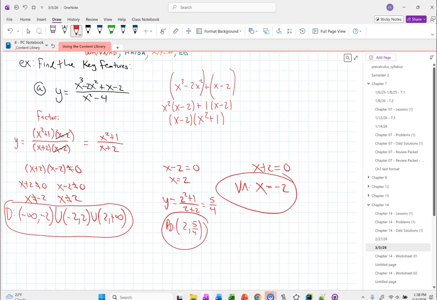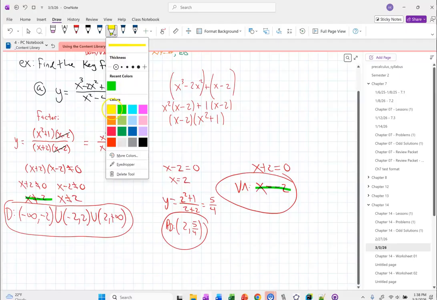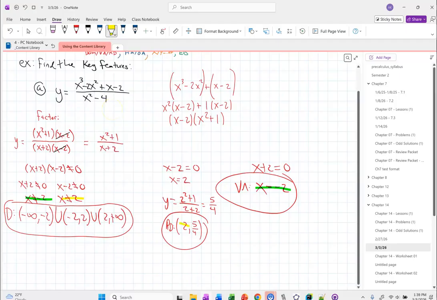So as my check, the values that my domain cannot contain need to be either vertical asymptotes or removable discontinuities. They can't be both. Right? -2 can't be both a removable discontinuity and a vertical asymptote. One or the other. That's all you get. Are you okay?